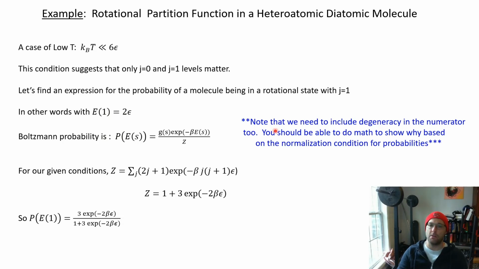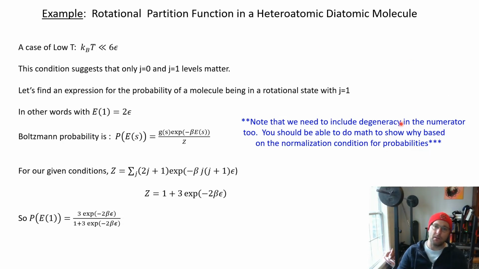To make the probability behave properly, we have to include the degeneracy factor in the numerator in addition to including it in the partition function. And my claim is that you should be able to do the math to show why that is required for it to be a properly normalized Boltzmann probability in the case of degenerate levels.